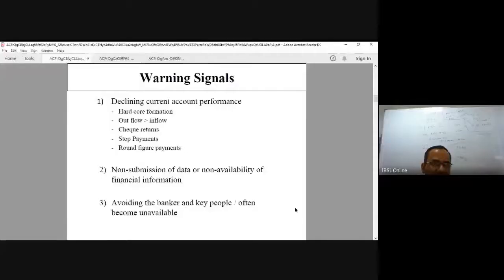They give like 100,000, 200,000, 300,000, 1 million, 10 million, 20 million, just round figure checks they give. So when you find round figure payments being debited to the account, not a good sign. It doesn't mean that they cannot be, but that is a fact that you need to probe into.